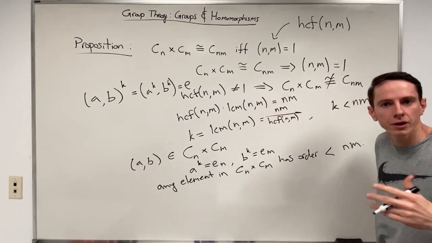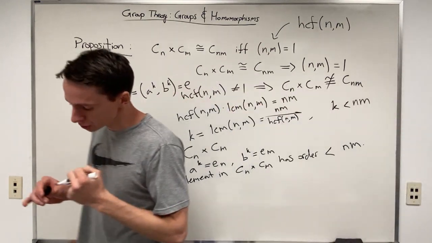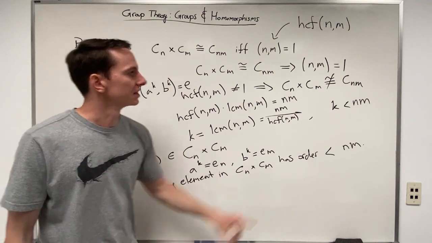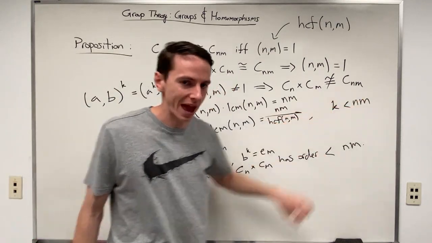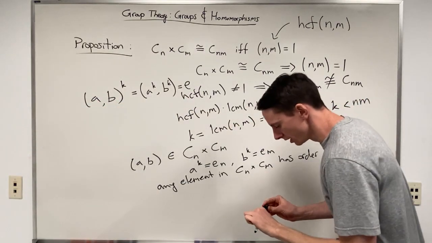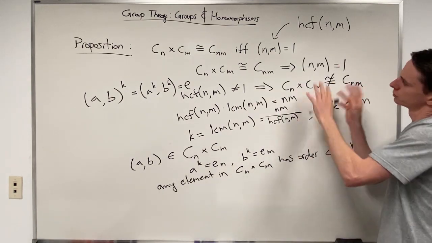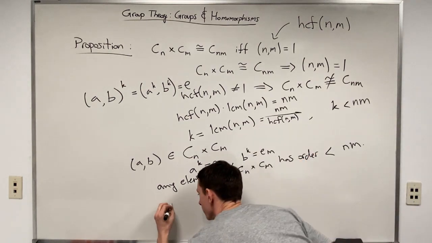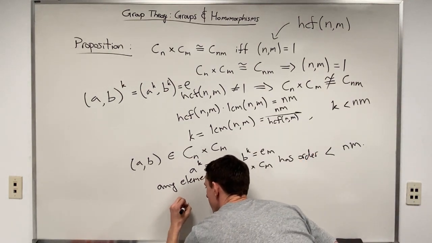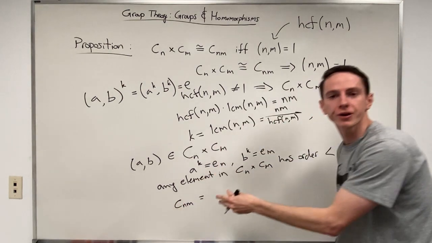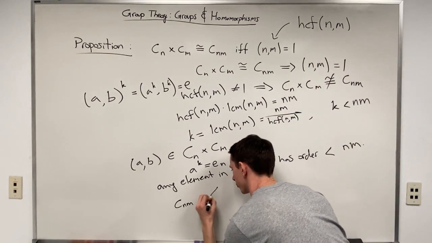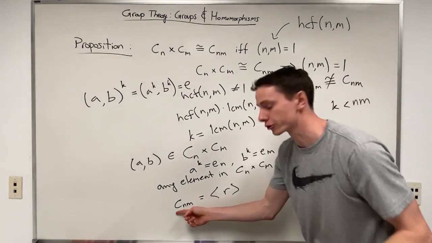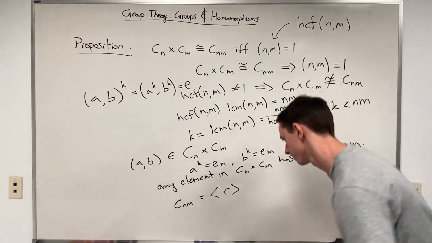And this is where we want to be looking, again, to show two groups are isomorphic, we want to look at the elements of a group. Let's look at the elements of this group C_nm. We showed in the last one that these two are isomorphic, but just in general, if C_nm is generated by some element, we can call it whatever we want. Let's call it r. It's a cyclic group, so it's generated by some element.